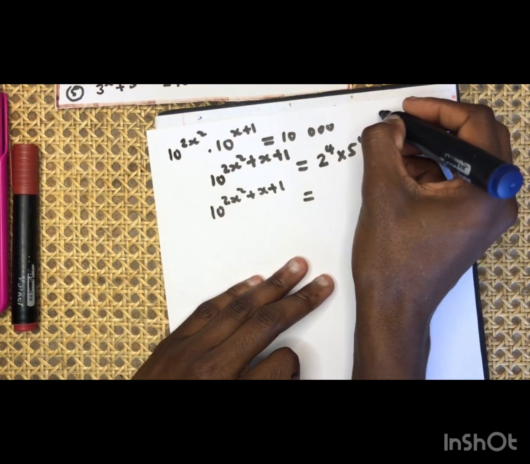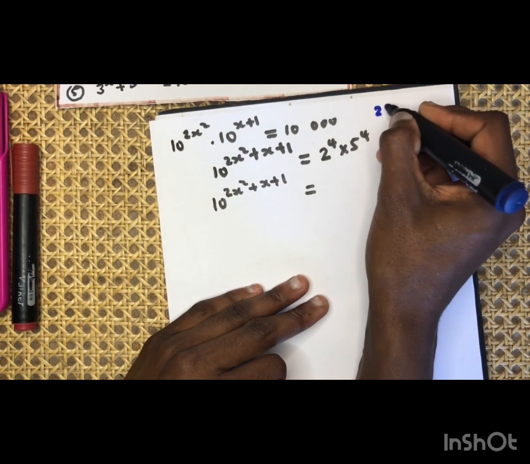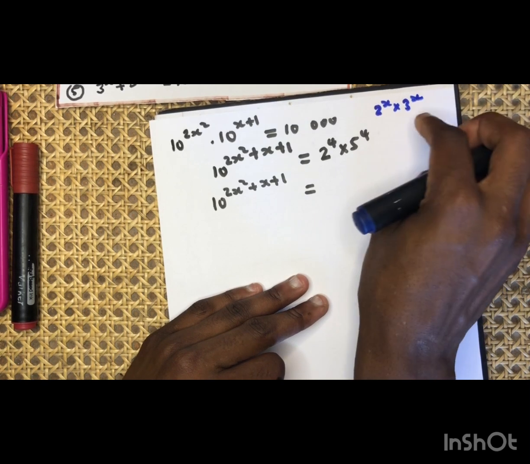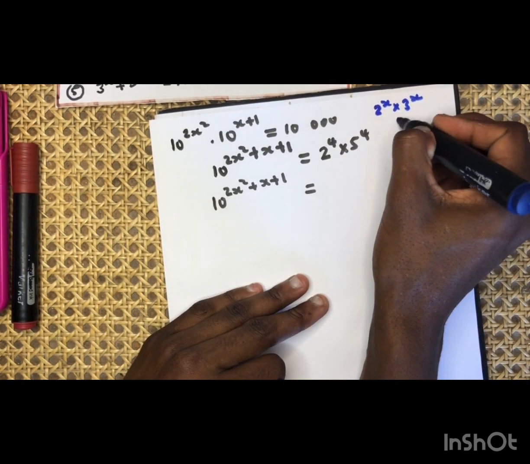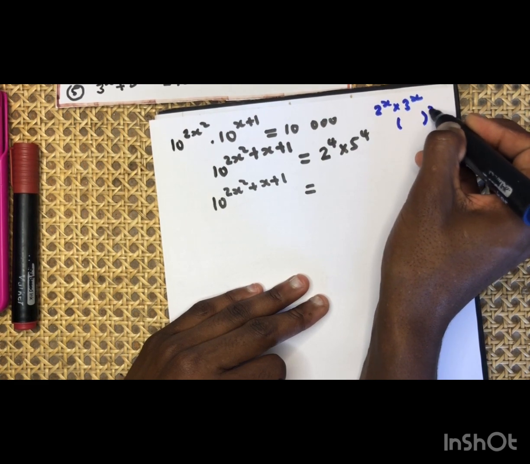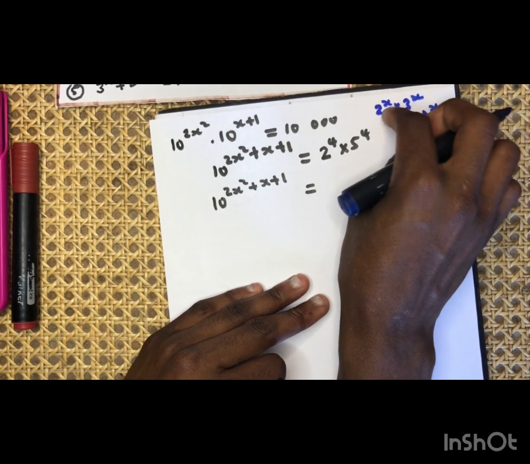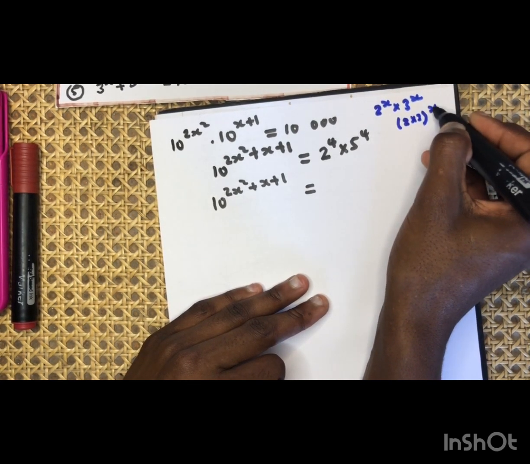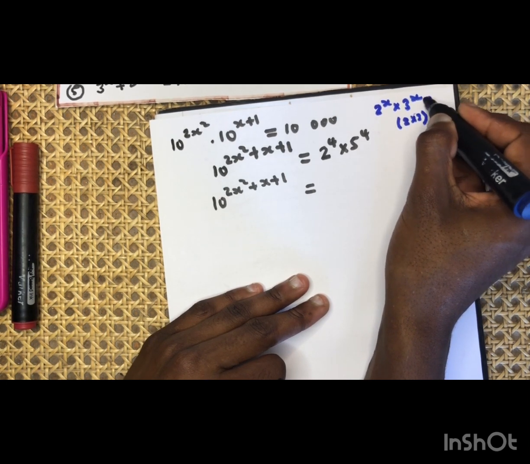Because, guys, you know that from when we were doing the laws of exponents, we said that if I have 2 to the power x times 3 to the power x, now the bases are not the same, but the exponents are the same. We can apply law number 3 and take one exponent outside, because this exponent is common with this one. So I have inside 2 times 3. This exponent tells me that I'm going to multiply every exponent inside, which will bring you back here.